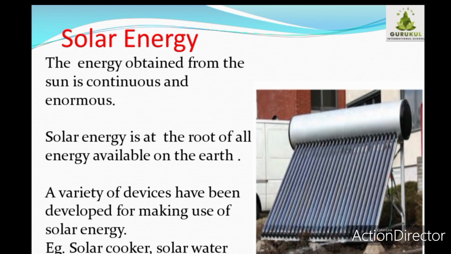Nowadays, students, you might have seen in some buildings or complexes, there are solar plants set up on the terrace, and they run the building's common lights or corridor lights, or sometimes water is also heated by this solar plant. So what will happen, children?